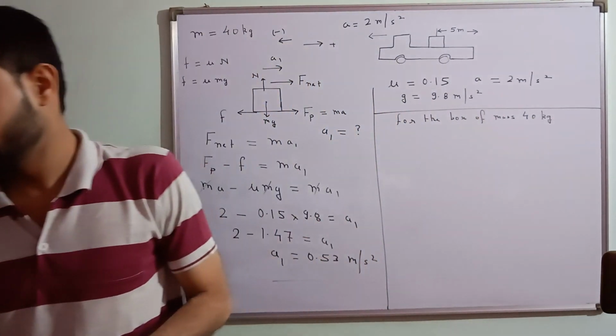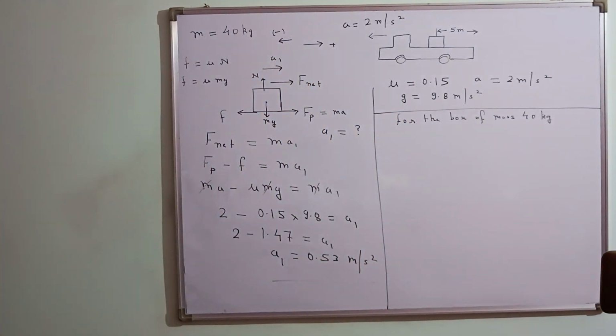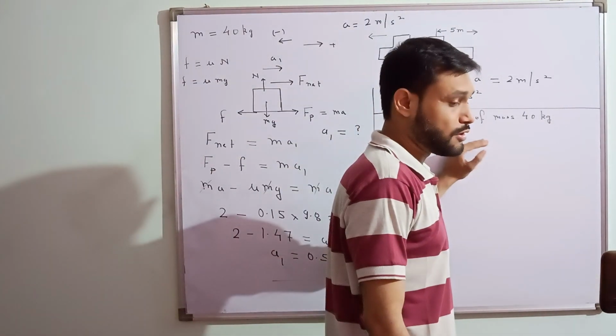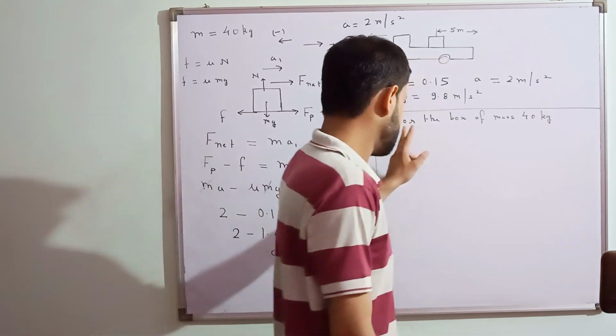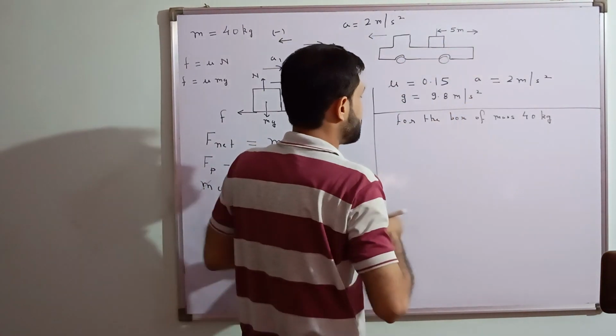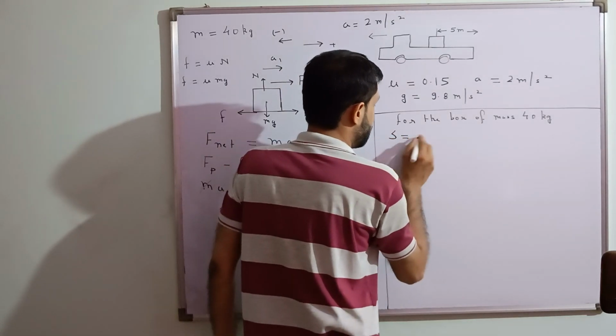What is going to happen? It is going to move in the backward direction. See how much distance it will move. It has a distance of 5 meter only, so the distance will be 5 meter.